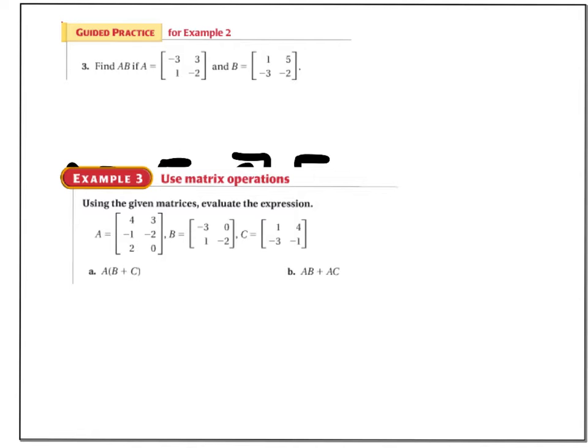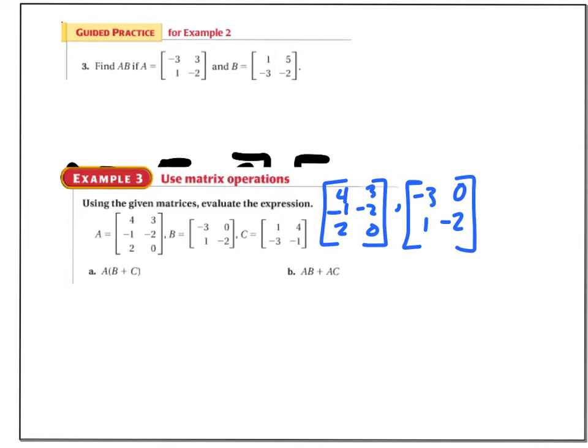I will write matrix A, which is 4, negative 1, 2, 3, negative 2, 0, and I'm going to multiply that times matrix B, which is negative 3, 1, 0, and negative 2.